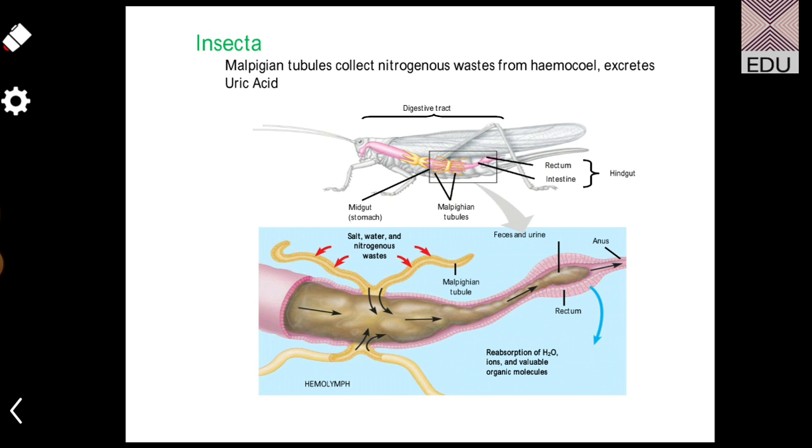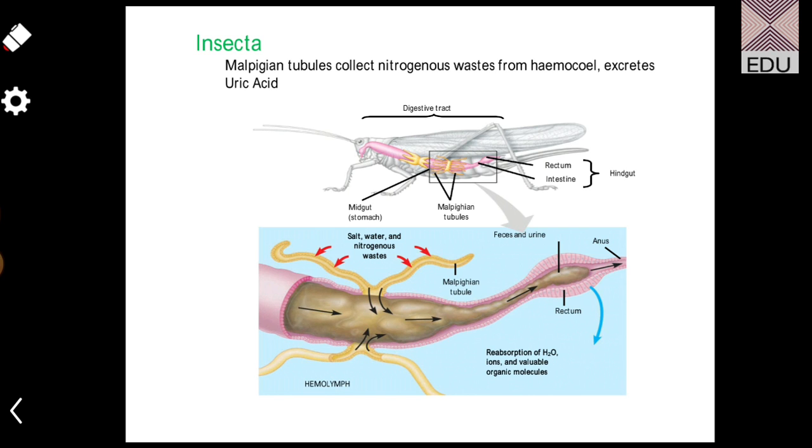That can give you these diagrams. Now these small tubules, which are yellow in color over here, are the Malpighian tubules. And these tubules are present on the hindgut of the insects.